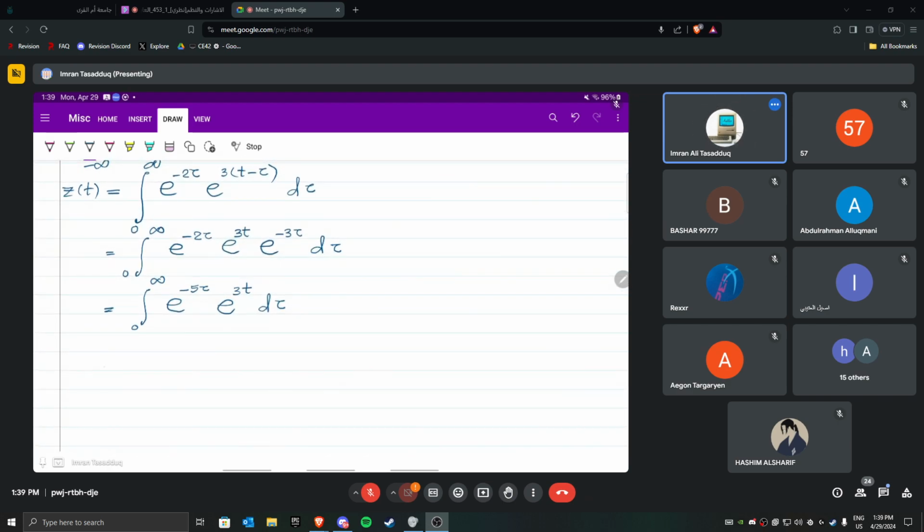Then since e to the power 3t does not depend upon tau, I can move it outside the integral sign, right? So this is equal to e to the power 3t times the integral from 0 to infinity of e to the power minus 5 tau d tau.